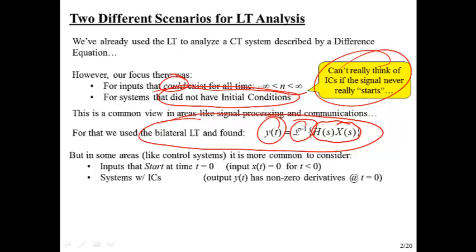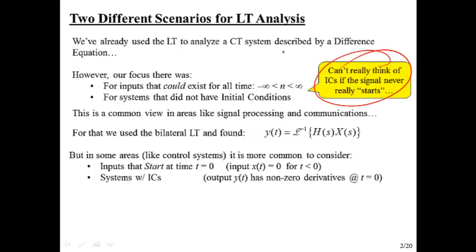But same thing as in the discrete time case, sometimes you want to analyze things in areas like control systems where you've got a system and it's already doing something at the time when you first start applying your control signal to it. And so the thing that it's already doing would be considered to be the initial conditions of the system when you apply your control input to it.